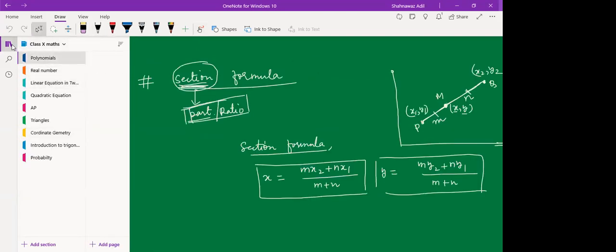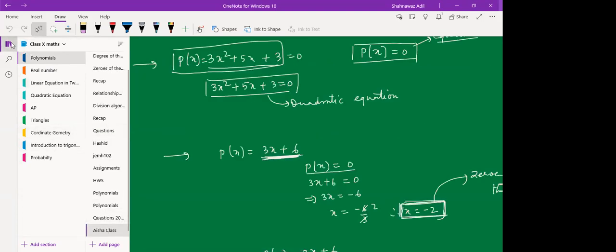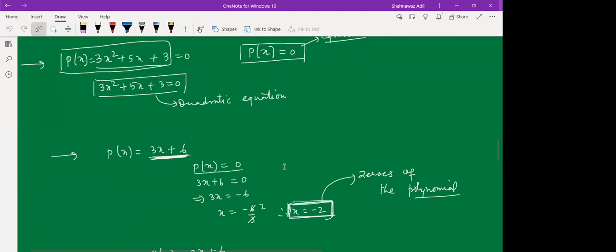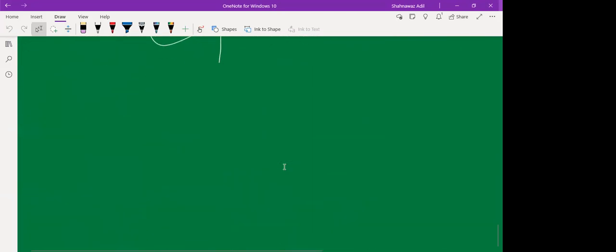We understood the graphical representation. Now let us talk about the roots or zeros of the polynomial, right?